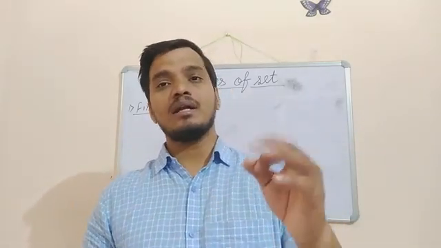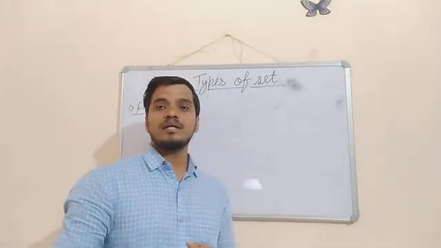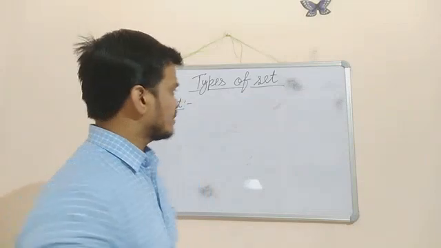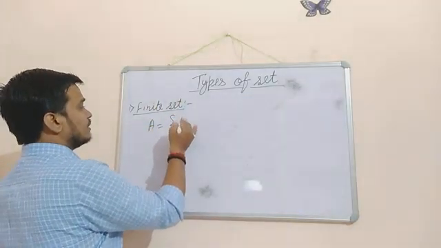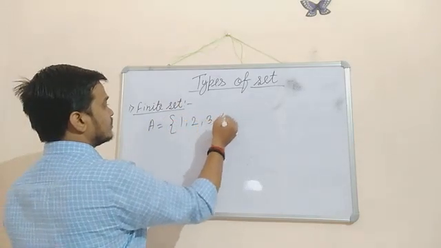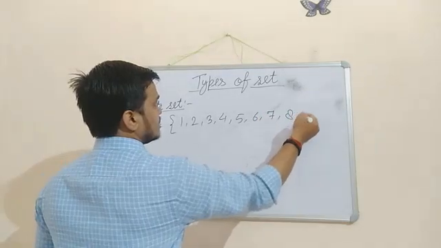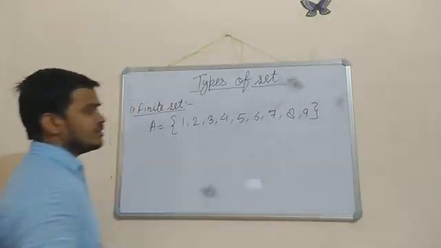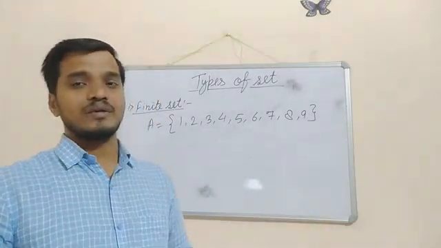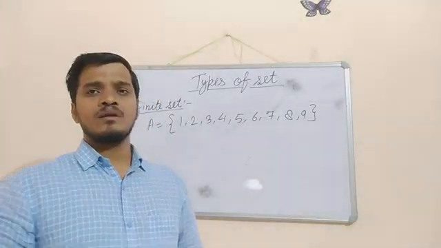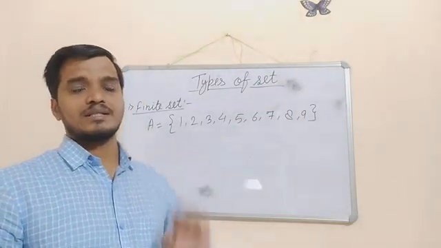It should not be unlimited. So this type of collection is known as a finite set. Suppose A is the set of all natural numbers 1, 2, 3, 4, 5, 6, 7, 8, 9. So A is a collection of all natural numbers less than 10. This type of collection is a finite set.